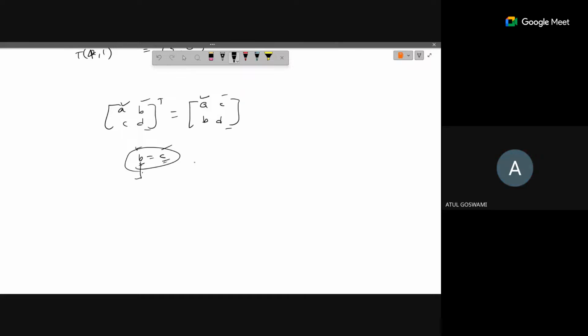If I know the value of B, I know the value of C as well. Right, they'll be the same. So we might as well write A, B, B, D, so I need to know any one of them. Suppose K, they are the same. Correct. And other than that, A and D are also needed to cover all the 2 by 2 symmetric matrices, right? So A, B, and K, these are independent variables.